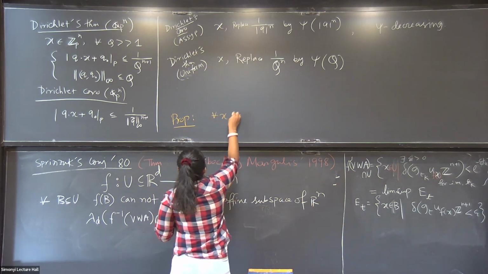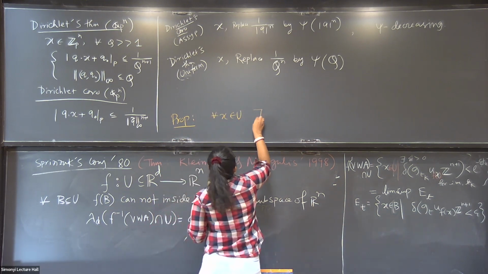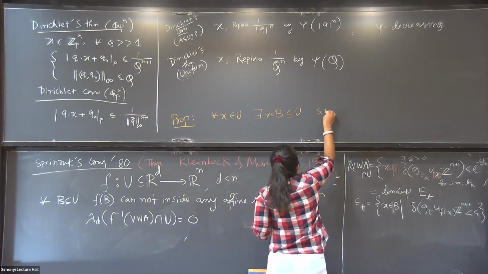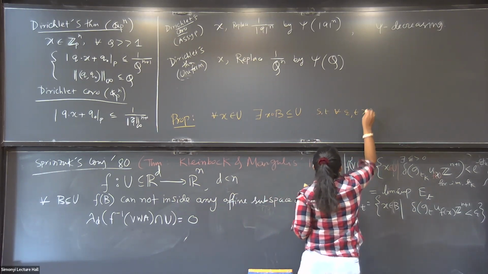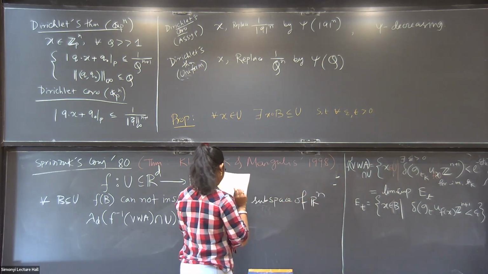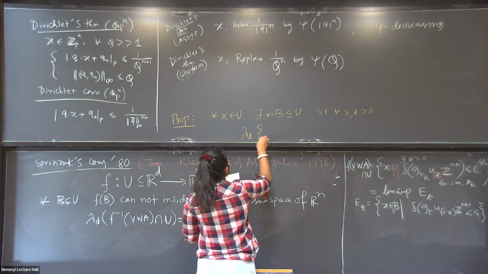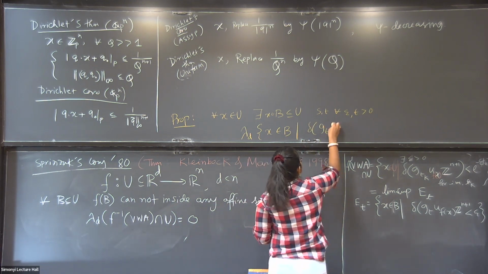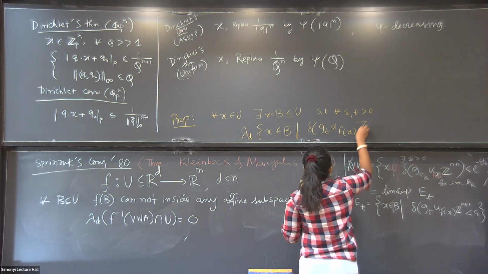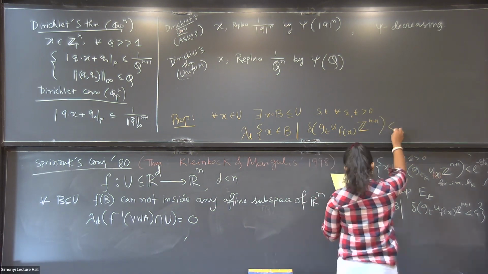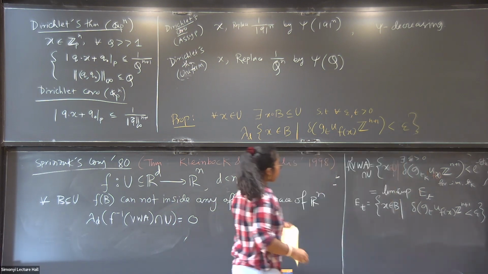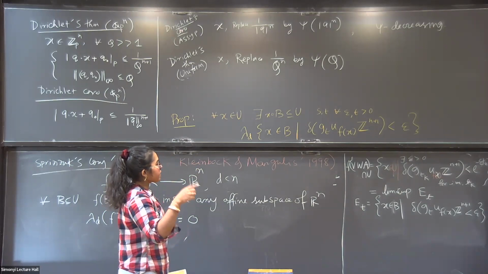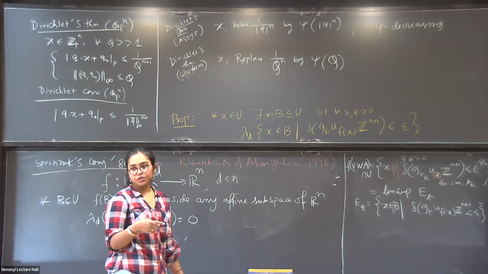So for all x in U, you can find a neighborhood B of x such that for all epsilon and t, maybe epsilon should be less than 1, the Lebesgue measure of the set of x in B such that the orbit spends a lot of time at the cusp should have small measure.